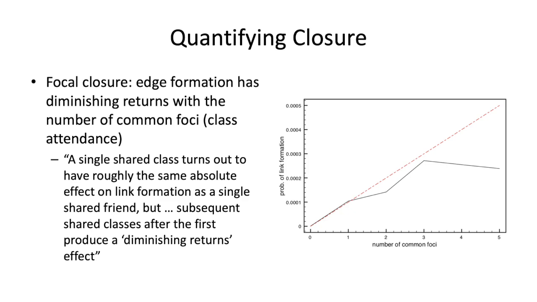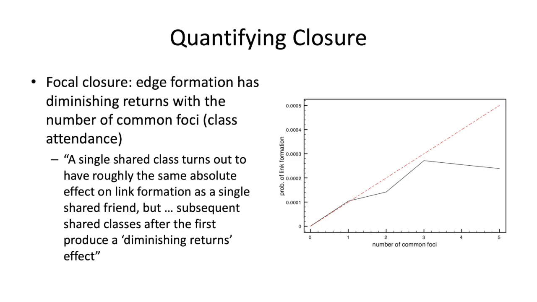If you look at focal closure, the people with that email set also had the class enrollment. And they looked then at the probability of you sending an email to another person based on how many classes you had in common with them, and this is the graph they got. And what they found here is there's diminishing returns to that one.